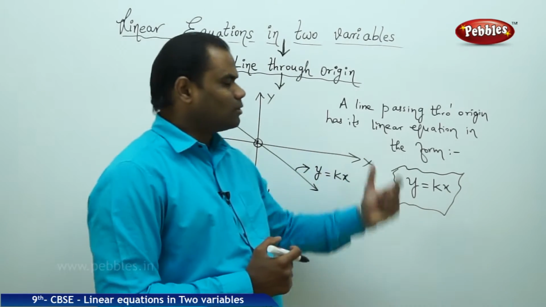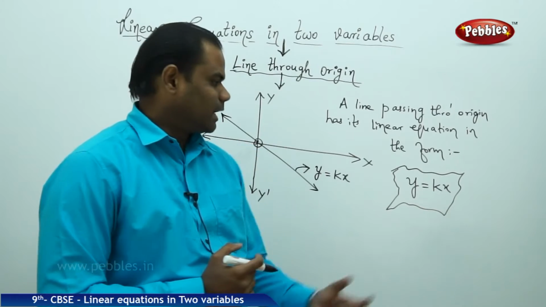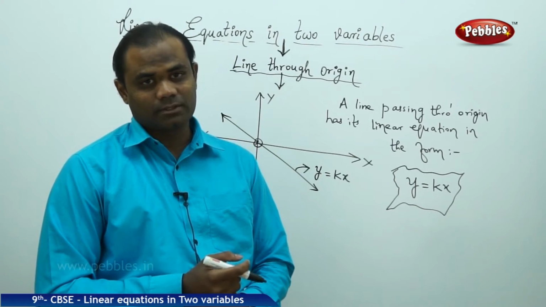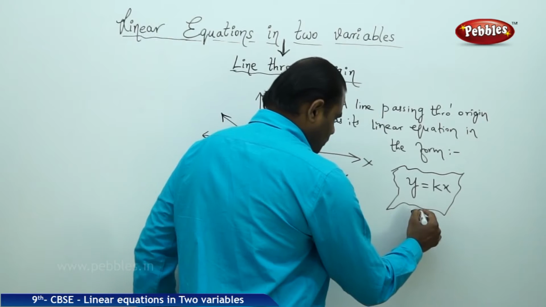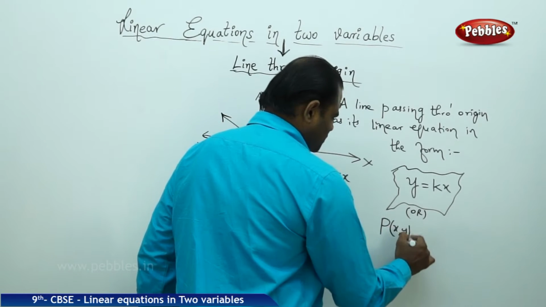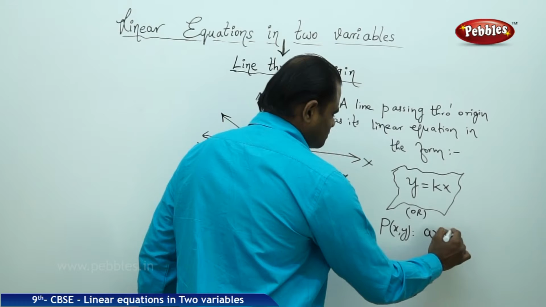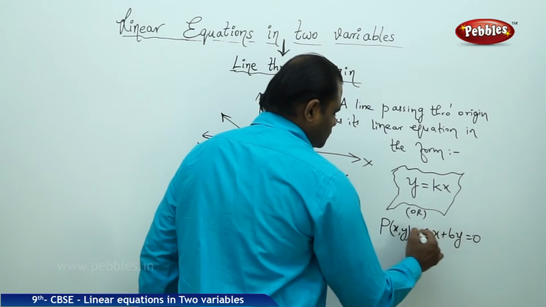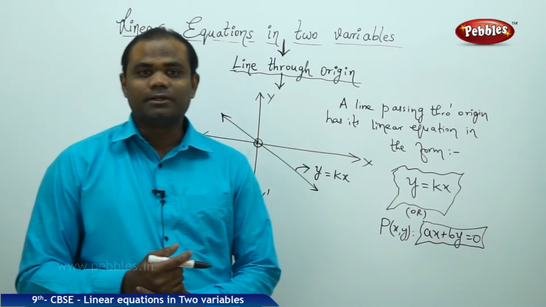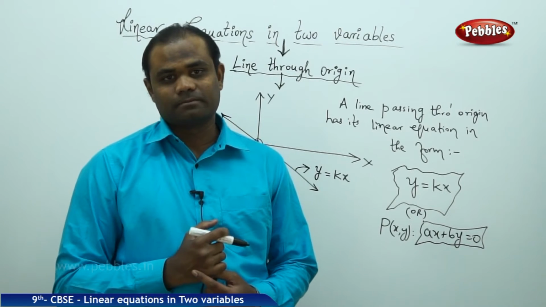A line passing through origin always has its linear equation in the form y is equal to kx, or it can also be written in the form ax plus by equal to 0, is how I understand a linear equation passing through origin.